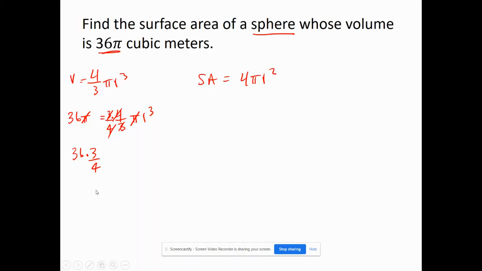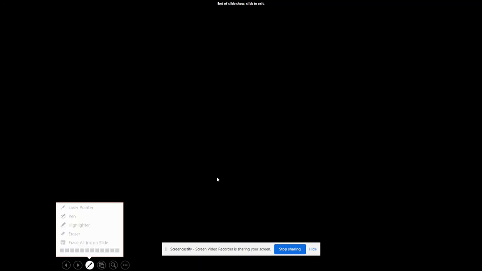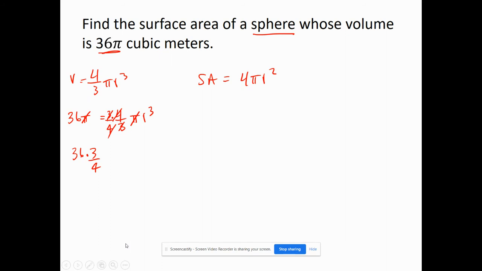So 27 equals r cubed, and now I'm thinking what times what times what equals 27, and that would be 3.